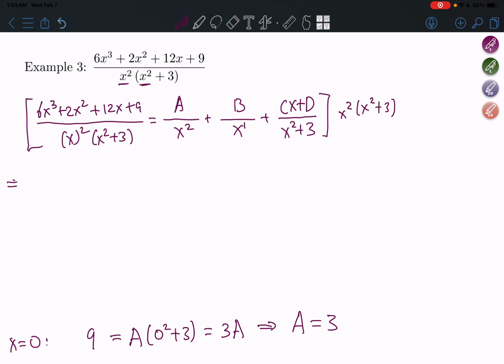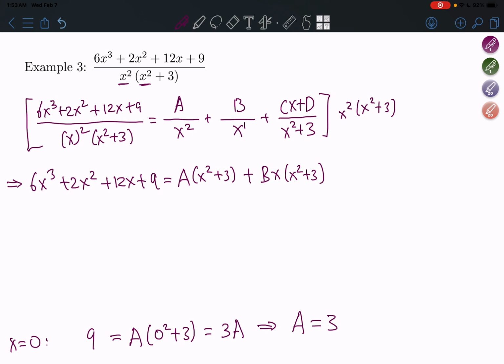Just gonna rewrite real quick. Hopefully a little bit better.